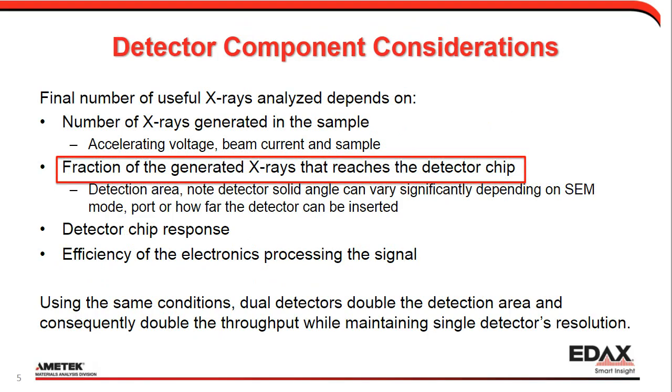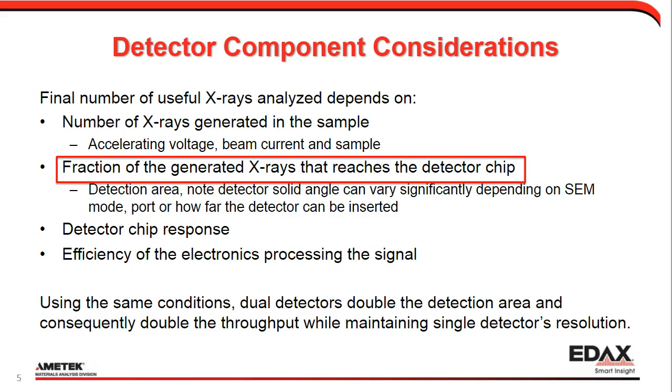In general terms, the final number of usable X-rays analyzed by a given EDS system depends on the number of X-rays generated in the sample, the fraction of the generated X-rays that reaches the detector chip, the detector chip response, and the efficiency of the electronics processing the signal.